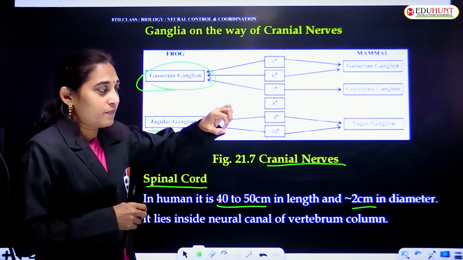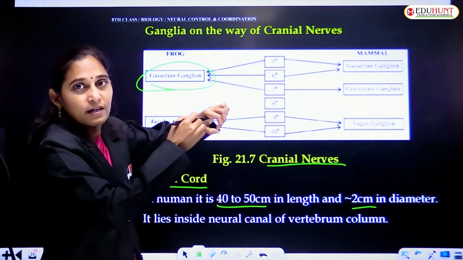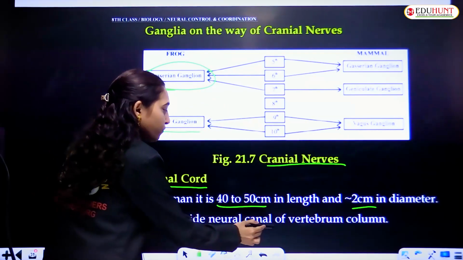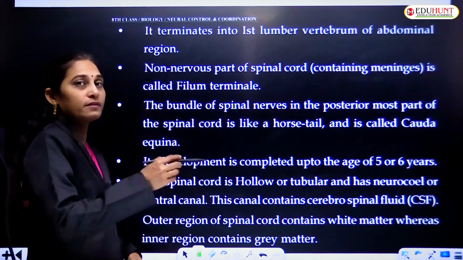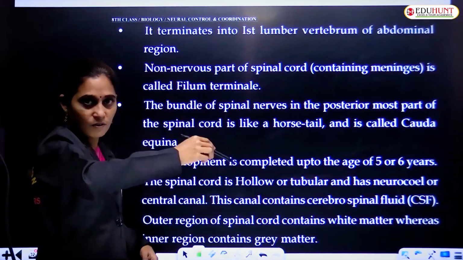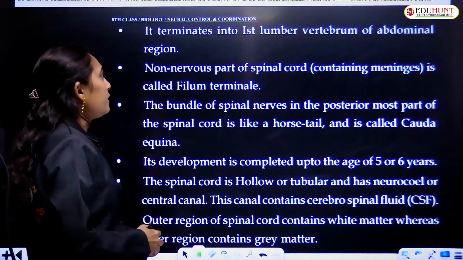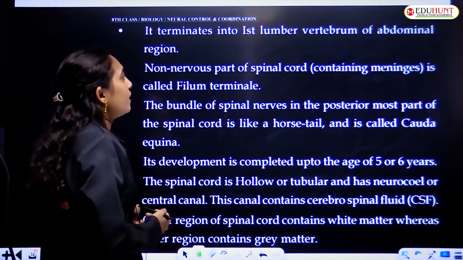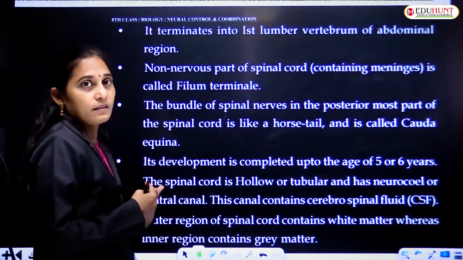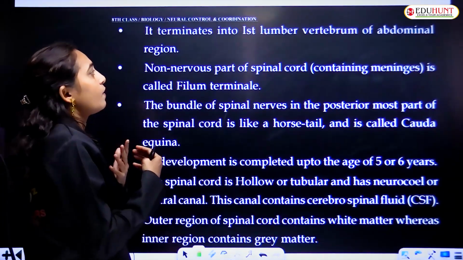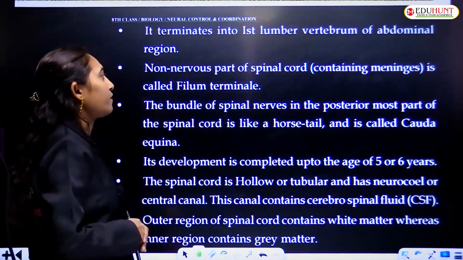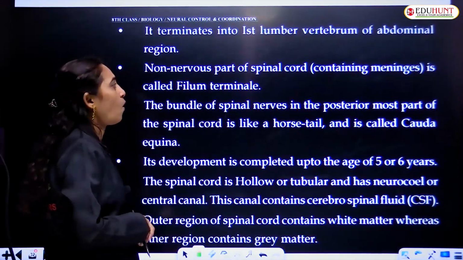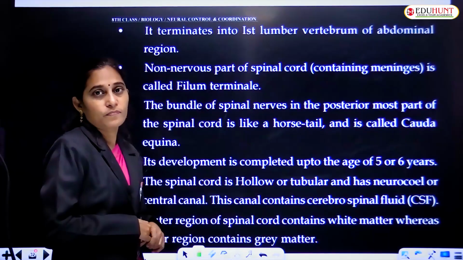The vertebrae leave a space. This space is called the neural canal, and in this neural canal the spinal cord runs. It terminates in the vertebra of the abdominal region, and then comes the non-nervous part of the spinal cord.